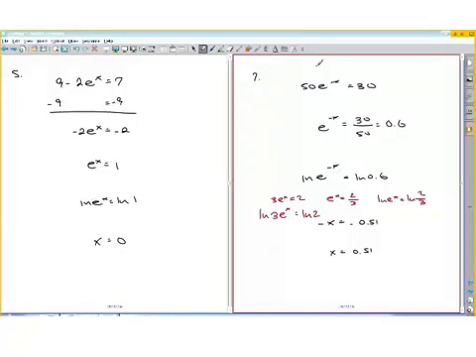Okay, let's just check, see if it works. So do that on your calculator, e to the negative 0.51 power, because x is 0.51. I have to put negative, not minus.